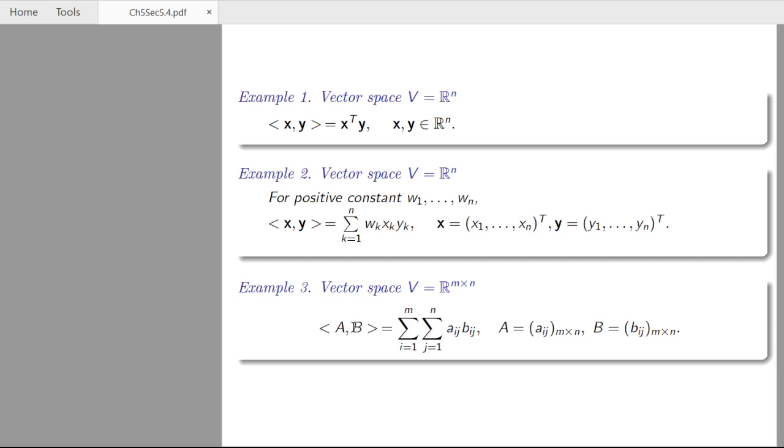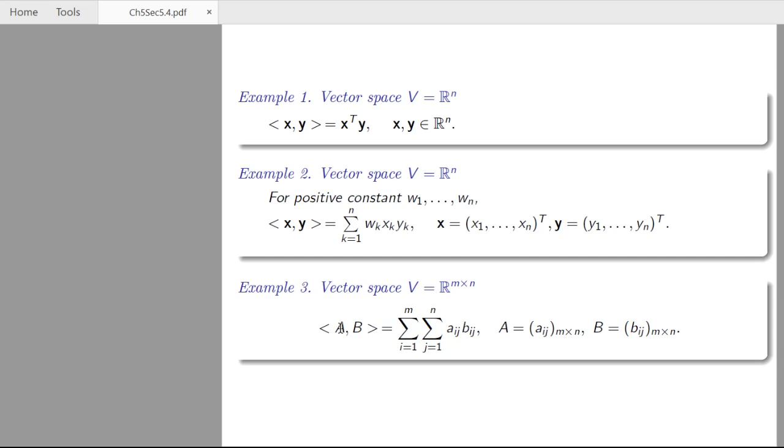And then if we switch the order for A and B, that means we switch the order for Aij and Bij. That's okay. So in that way, we can say the second property, the symmetric property, is also true.